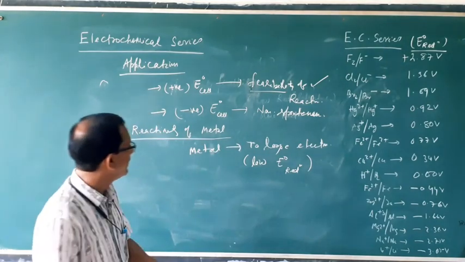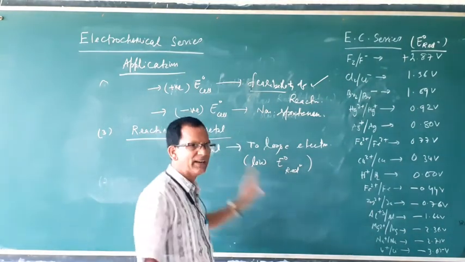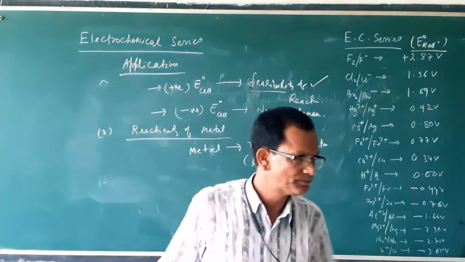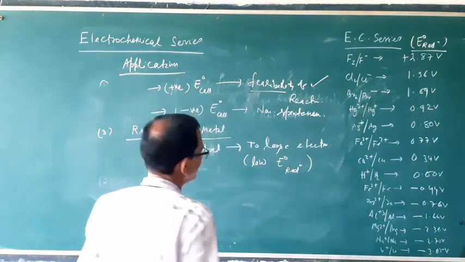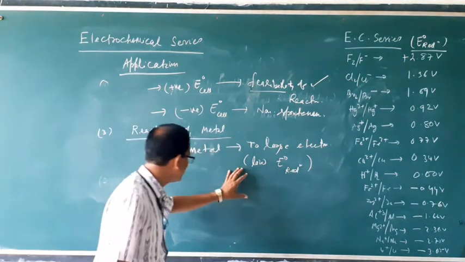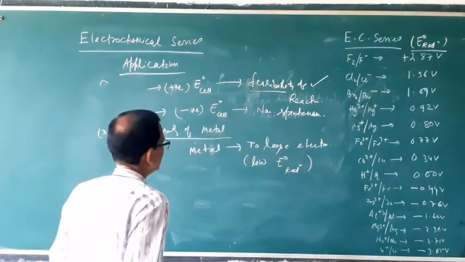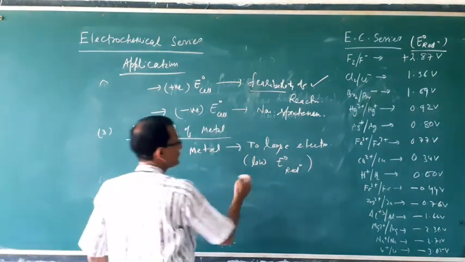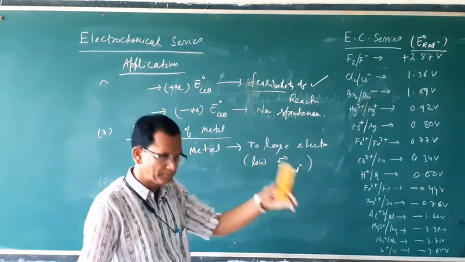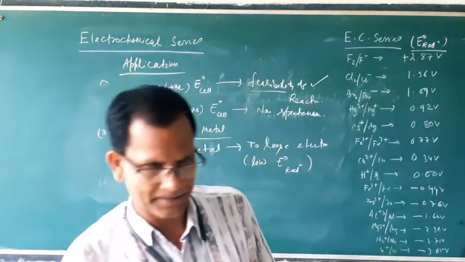That means if the reduction potential is low, then the metal can easily lose electrons. Low reduction potential means more tendency to lose electrons. And if the reduction potential is high, then the tendency to lose electrons is less.